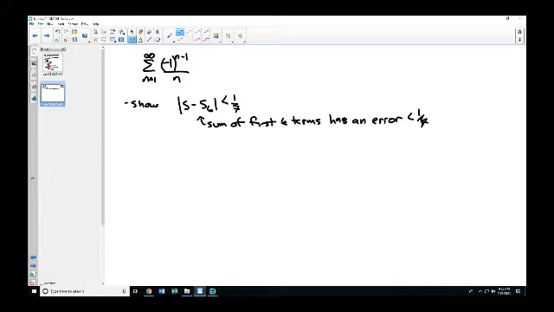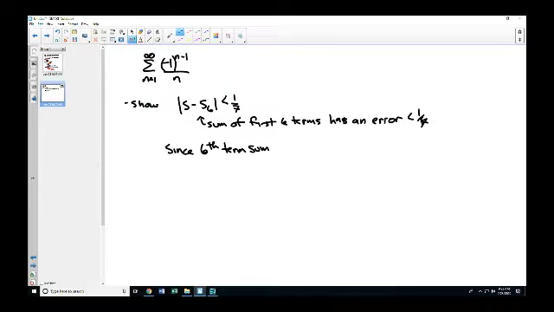So this is alternating, correct? We have the sum of the first 6 terms. So what term do we use for error? The 7th term. So can we just jump to the 7th term and put that into the equation?